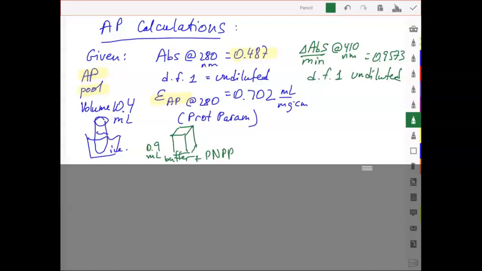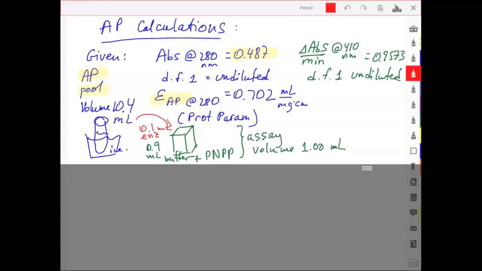And then we're going to add to it during this assay 0.1 ml of enzyme. In our case, it's undiluted, but a lot of the time you have to dilute the enzyme before you add it. So one of the things that's important is we have assay volume, which is 1.00 milliliter, and the volume of enzyme in that assay is 0.1 milliliter.